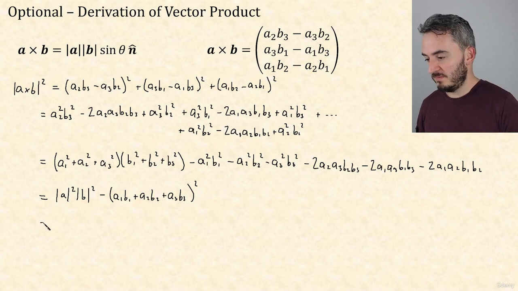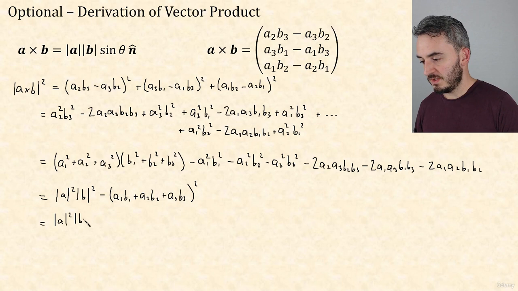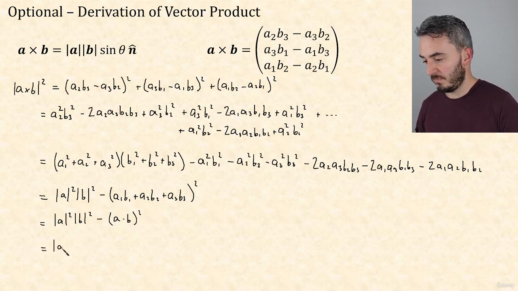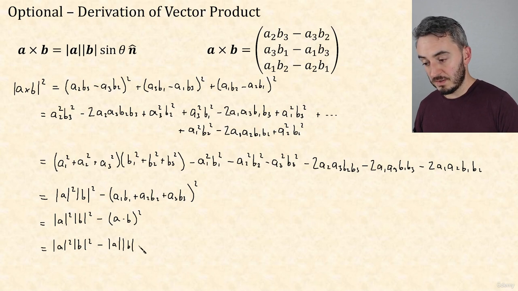It's all squared. So what I have is the modulus of a squared times the modulus of b squared minus the dot product of a and b, so a dot b squared. But we have an alternative form for the dot product. The alternative form for the dot product is mod a mod b cos theta, but it's all squared, so it's mod a squared mod b squared cos squared theta.